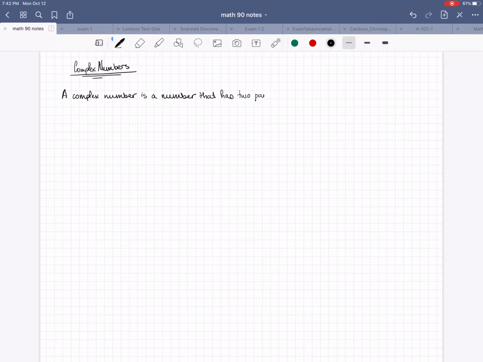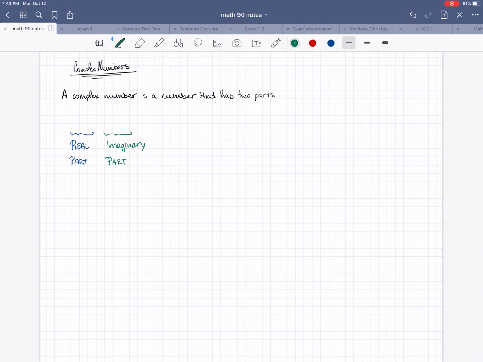And those two parts are, and I'm going to write them in different colors, the real part and the imaginary part. So in order to talk about complex numbers, we have to have this notion of an imaginary number.